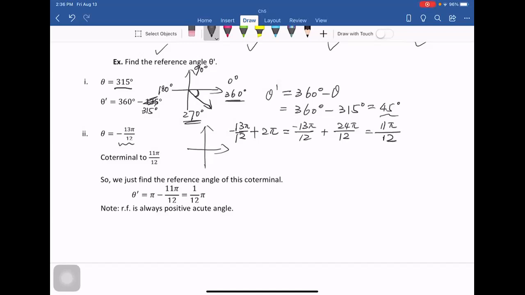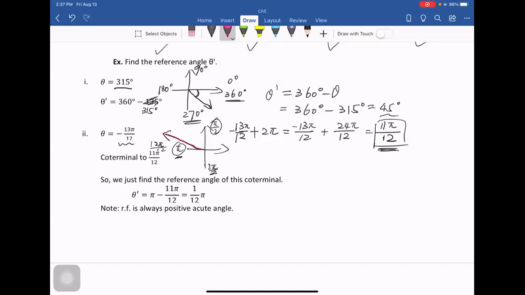For a positive angle, it's easier to draw. This is pi over 2, this is 3 pi over 2. This angle is between here and here, because pi equals 12 pi over 12, so it's less than pi. The angle is in the second quadrant.